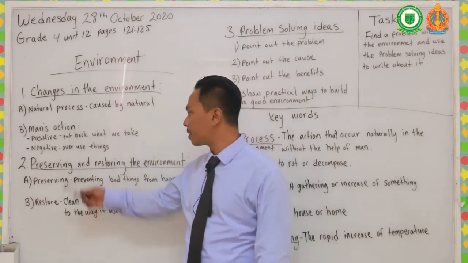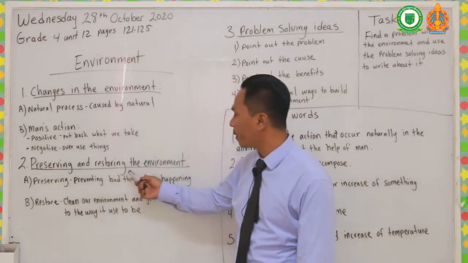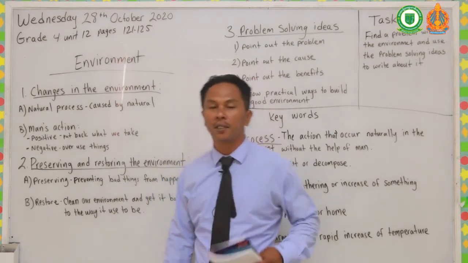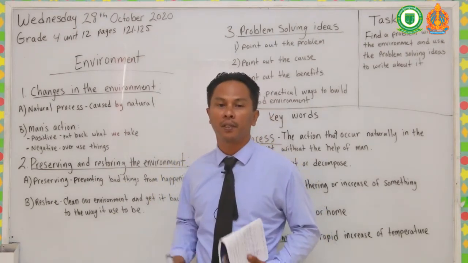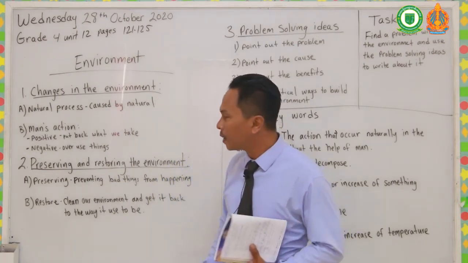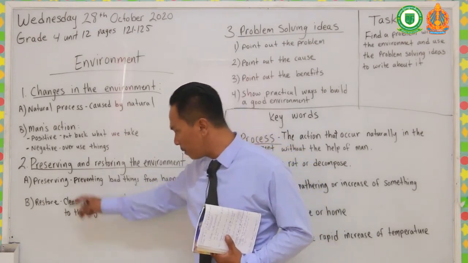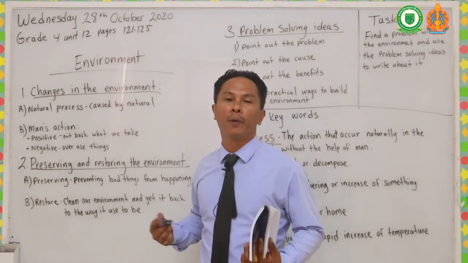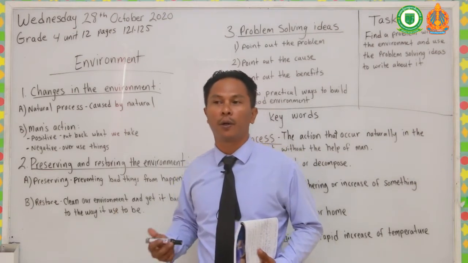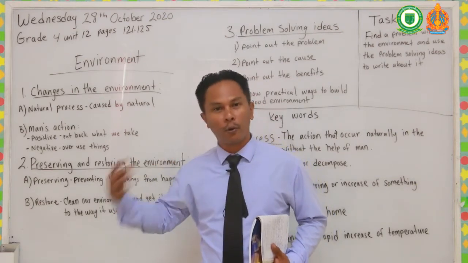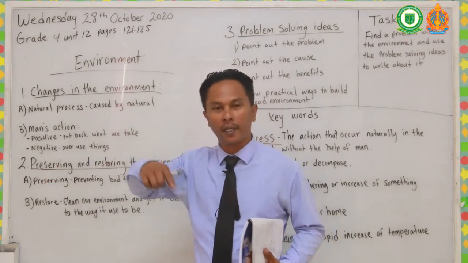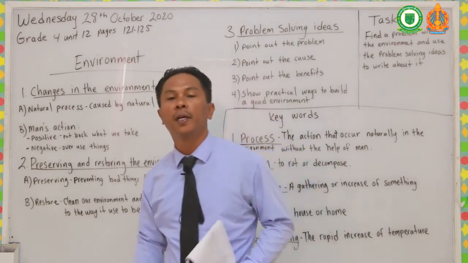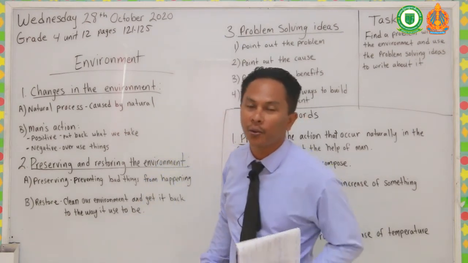Okay, so number 2, preserving and restoring the environment. Okay, preserving we talked about last week, right, is to prevent bad things from happening to our natural resources. So for preserving, what we can do is put things around waterways where people can't throw trash, or like in the forest, if we put a perimeter like a wire or something where people cannot walk through, so it can maintain its natural habitat.